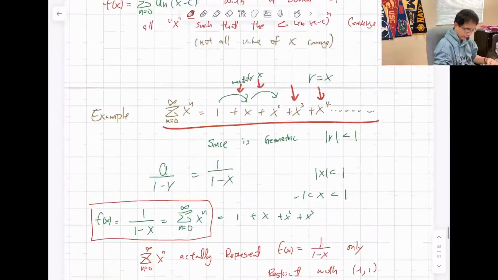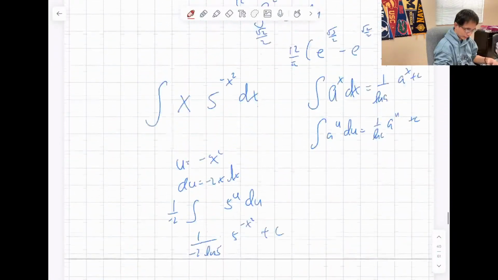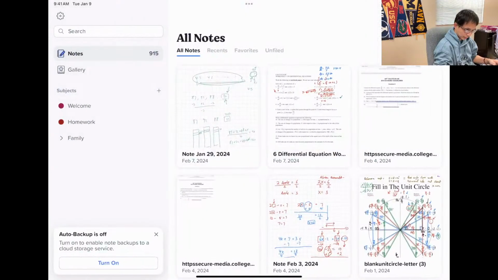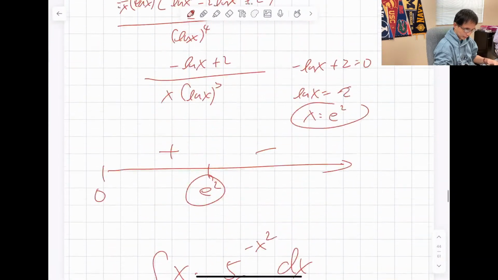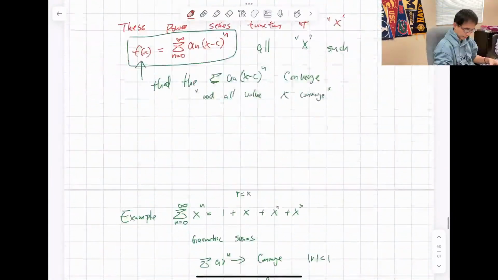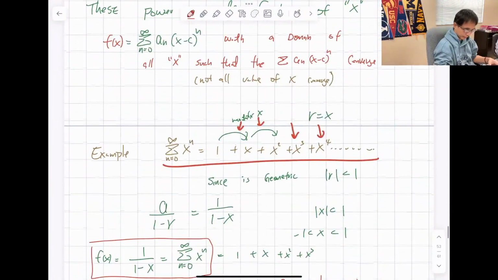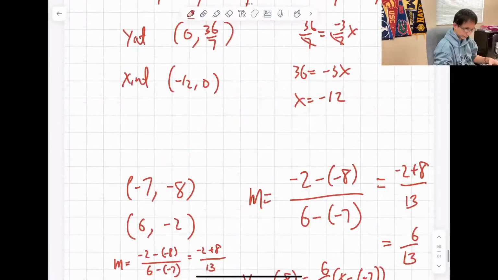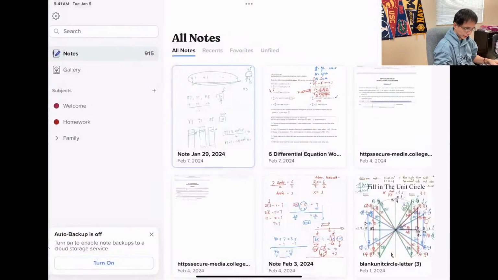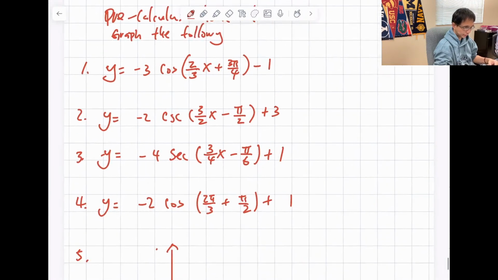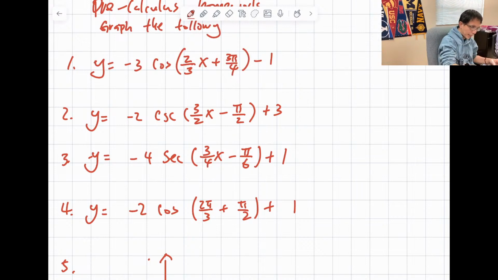Hold on, let me look for it. Oh, right here, I found it. There's an X missing here. Number two is the cosecant graph. Let's get started.